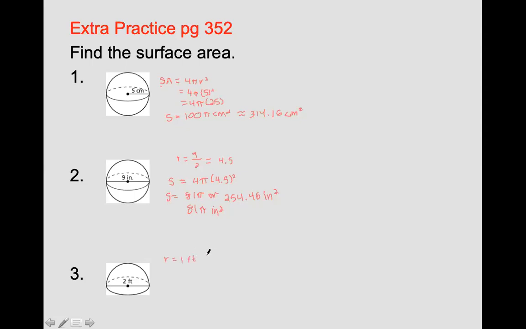And then we also have this hemisphere, which if the normal surface area formula is 4 pi r squared, the hemisphere surface area is going to be half of that, or 4 pi r squared divided by 2, which you can't really see that 2.